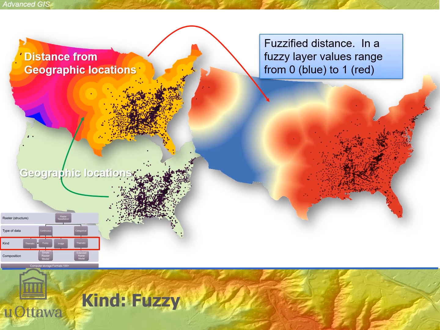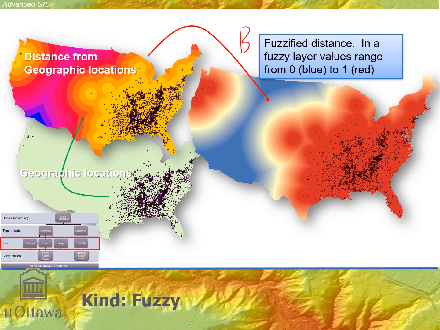Here's another example where we have a map A which shows the distance from observations. The observations are the points here. And every location is a cell, and in each cell there's a distance value. What we can do is transform distance from the locations into a fuzzified variable that is shown in B over here.